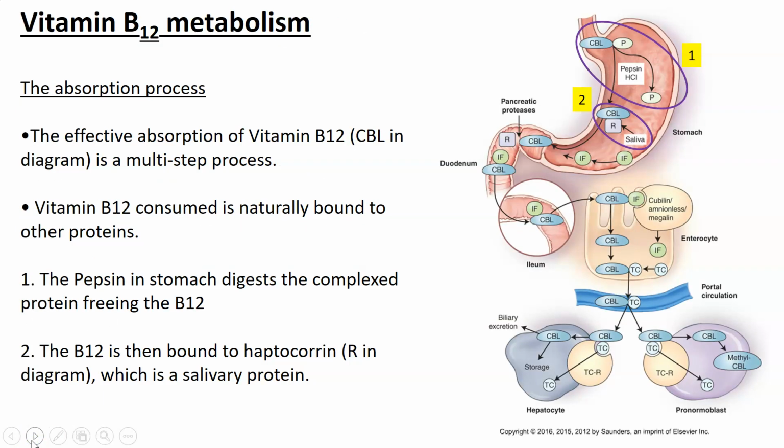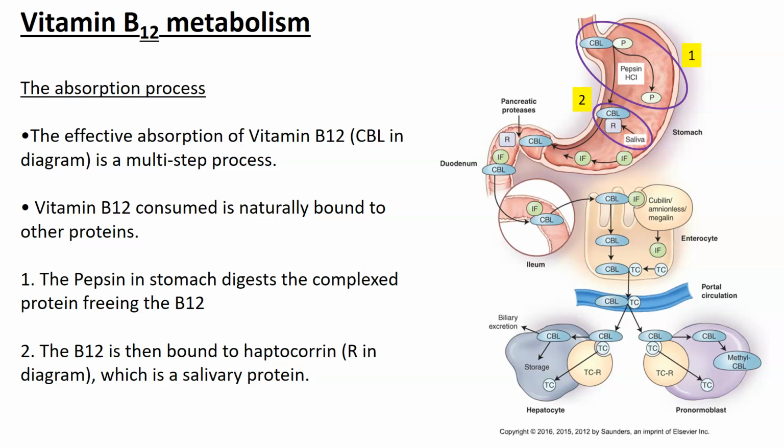Now, the whole process of vitamin B12 absorption requires a multitude of proteins and a multitude of events, and all of those events have to happen in a coordinated way. This is what I'm going to describe now: the absorption process.